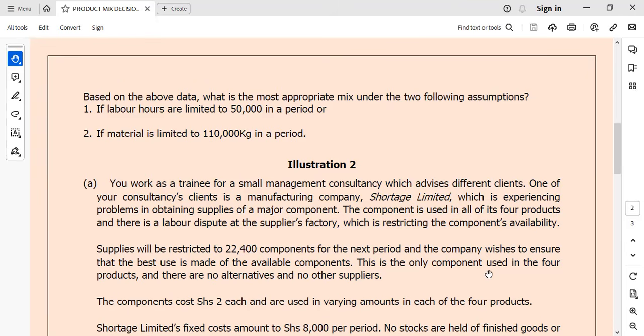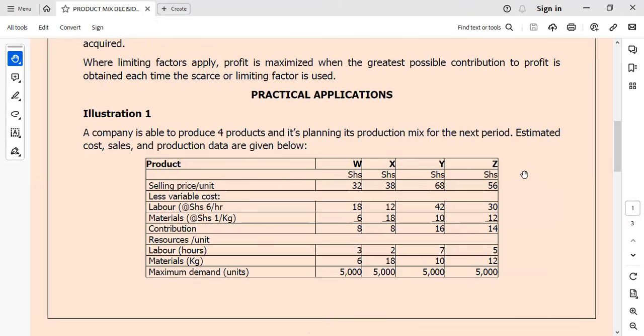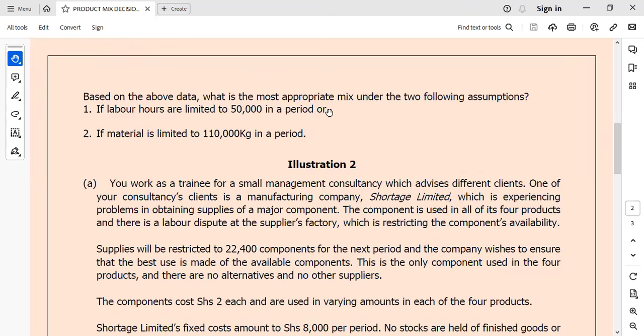I'll first look at labor, thereafter we'll look at the materials. So we already have our information on the first page of the handout. Let us see how we can deal with the first assumption, where labor hours are limited to 50,000 hours in a period.